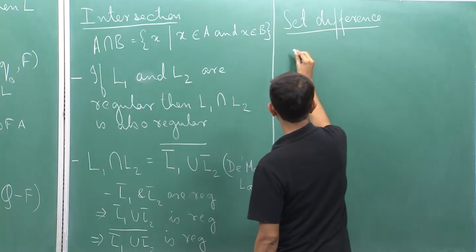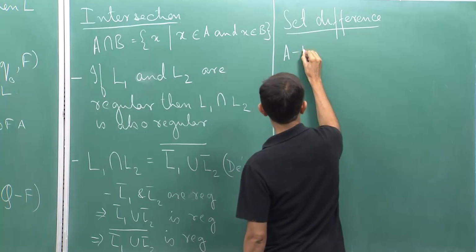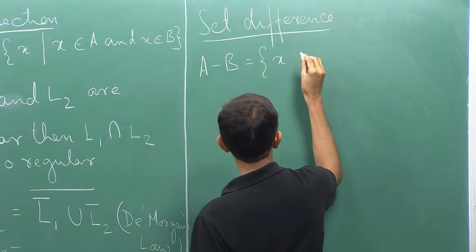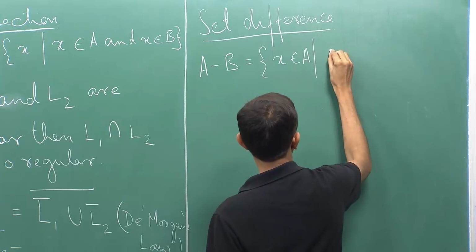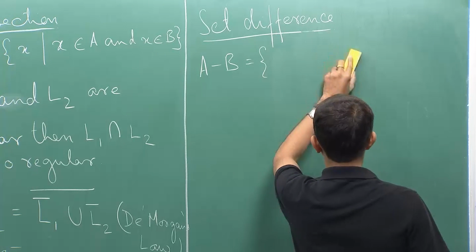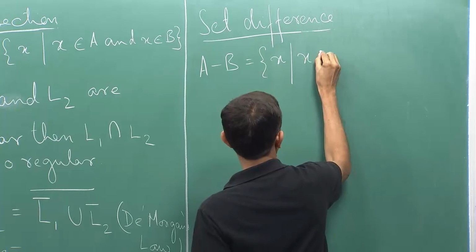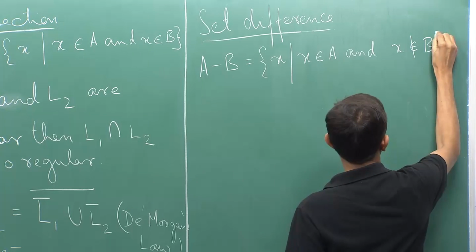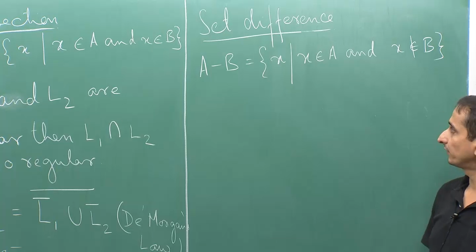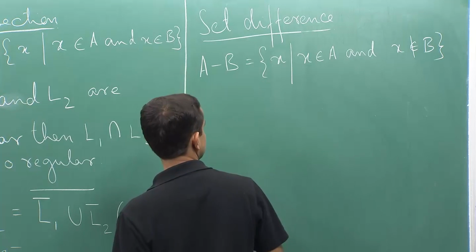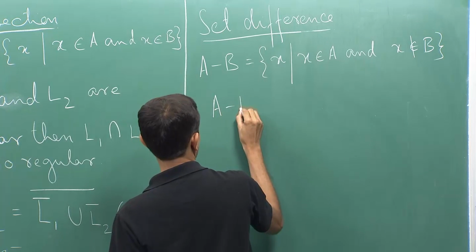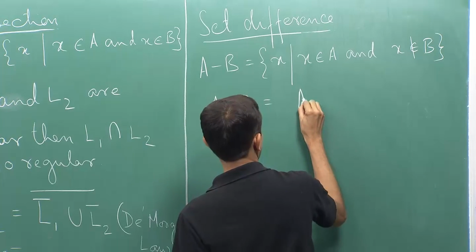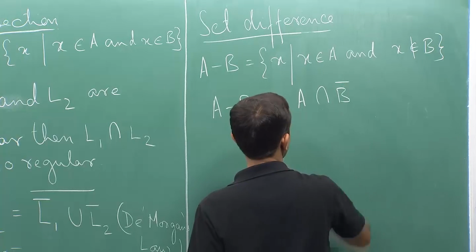So, if A and B are two sets, A minus B is defined as the set of all strings x such that x is in A and x is not in B. So, once again, if I just expand this out, I can write A set difference B as A intersection with B complement.